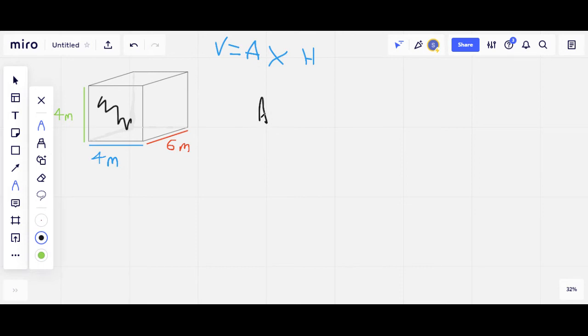So we can have area equal to 4 by 4. But if we're dealing with a square, we could always just say area equals 4 squared. Both of these will give us area is equal to 16 meters squared.